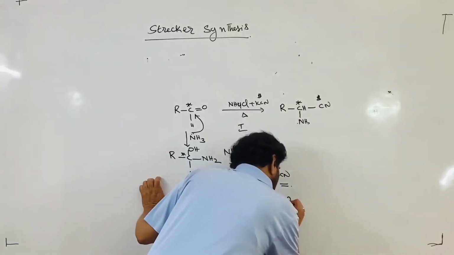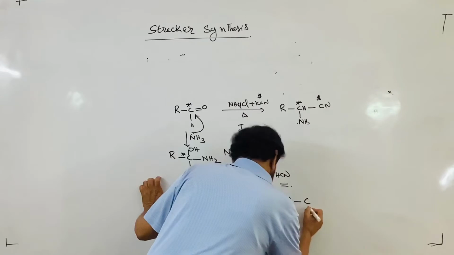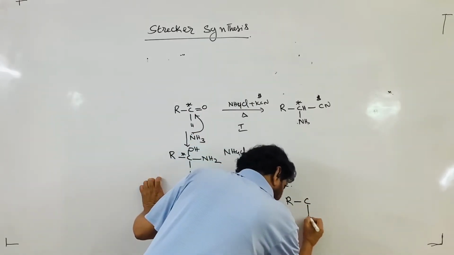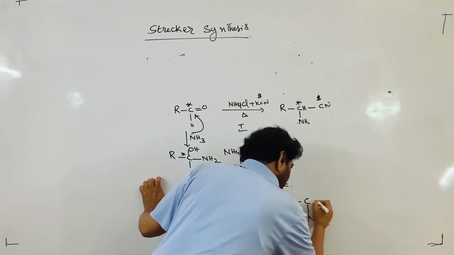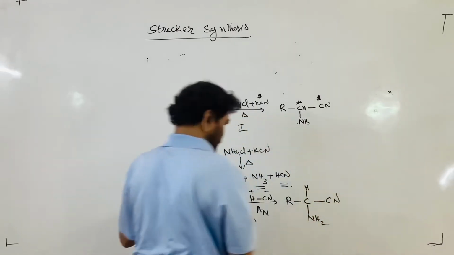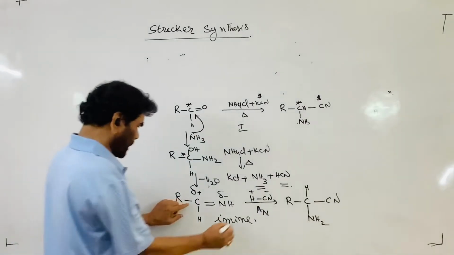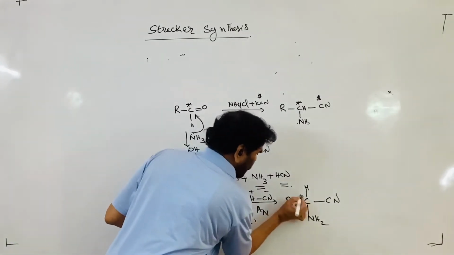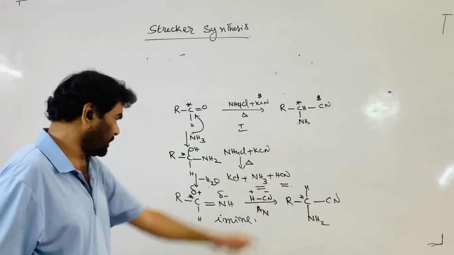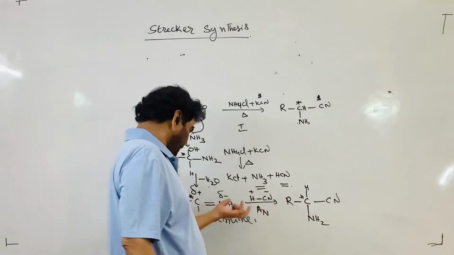Due to this, what happens? This is converted to the NH2. This is converted to cyanide. This is hydrogen. So your carbonyl carbon is this. Let me put the word star. Cyanide, CN, is added to this.